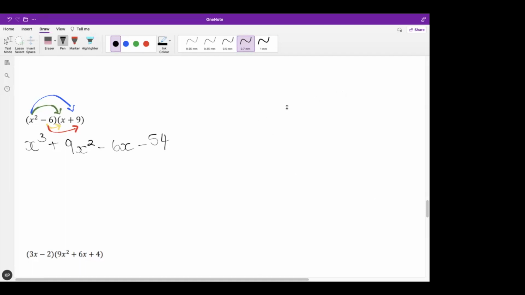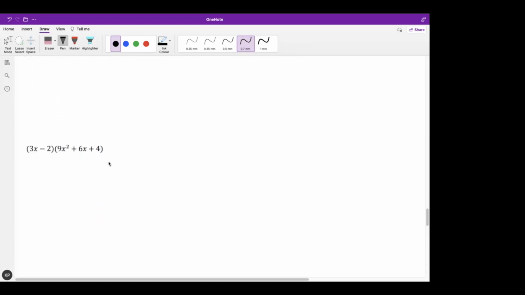Now I want us to look at this over here. This time we have a, what do we call it when there's 3 terms? Before I tell you, what do we call it when we have 3 terms? We said one is a monomial. Nice, Amy. This time we have a trinomial because we have 1, 2, 3 terms multiplied by a binomial.